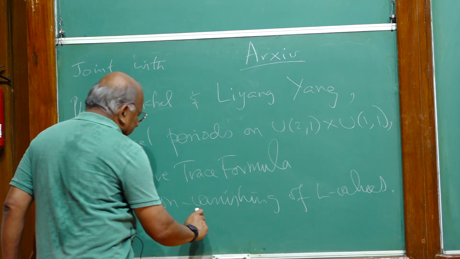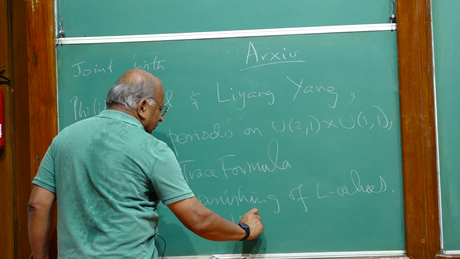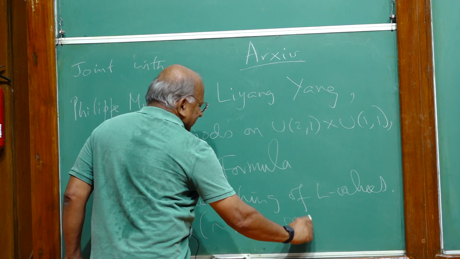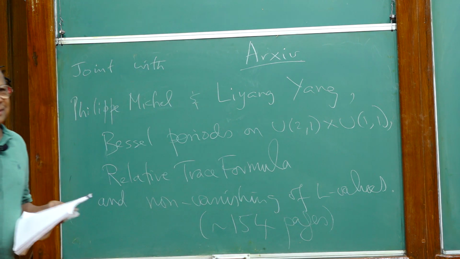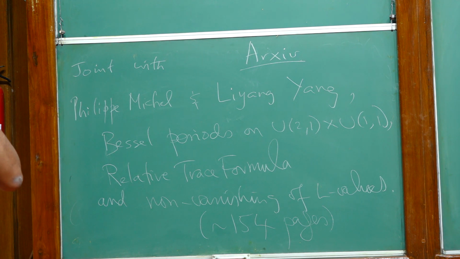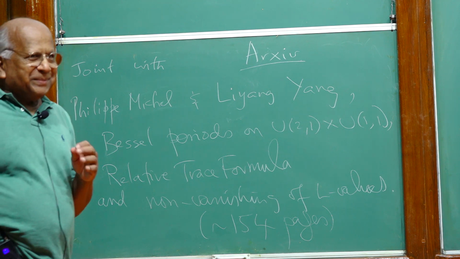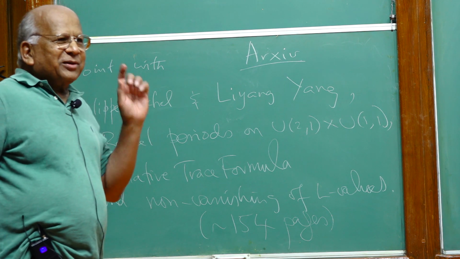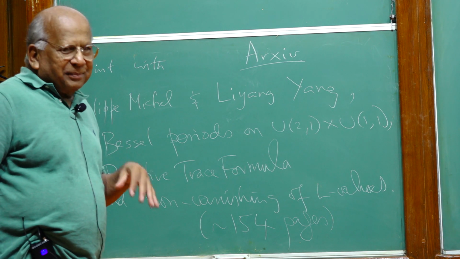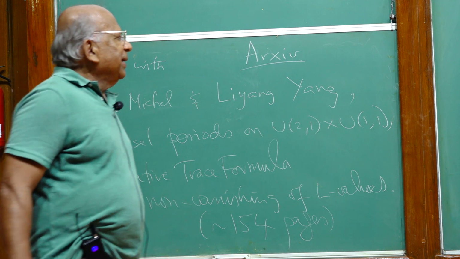It's a very long paper, about 154 pages. It was over 200 pages, which we compressed to make it somewhat reasonable. And then the first part, the second part, maybe another 50 pages.